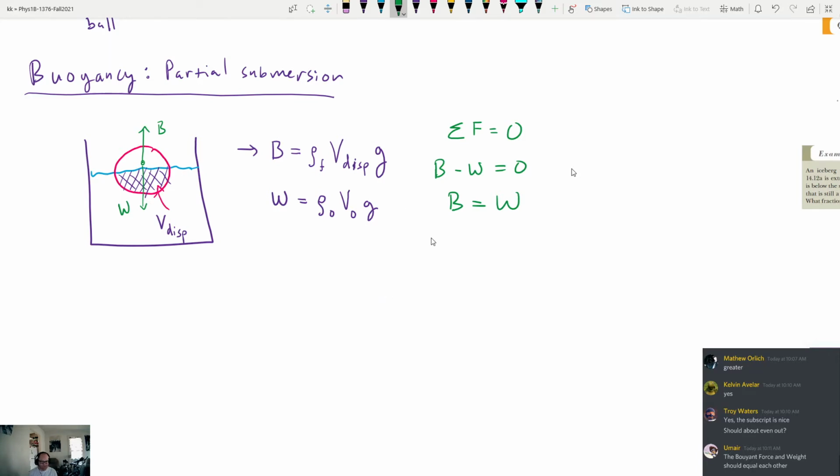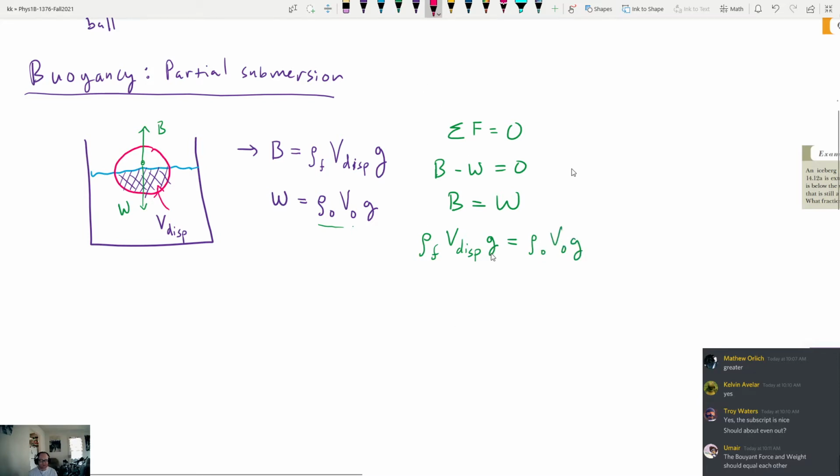This tells us then that the buoyant force, the density of the fluid multiplied by the volume displaced, the amount that's beneath the surface, multiplied by gravity, should be equal to the weight of the object, which is the density of the object times the volume of the object. These two together give you the mass of the object, multiplied by gravity, you get the weight. So this is equal to rho naught, v naught, g.